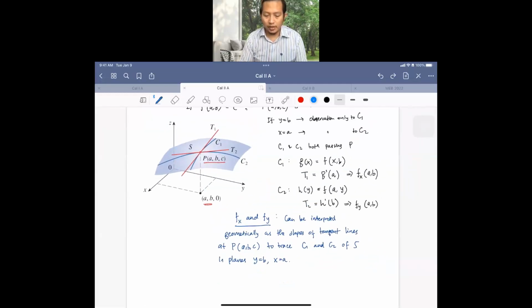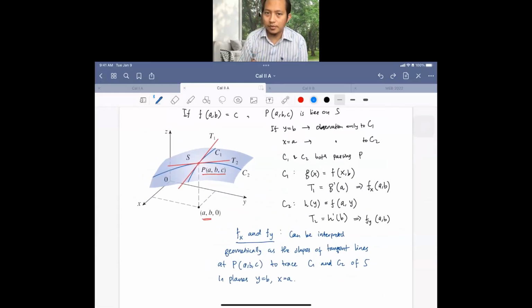So if you're asked to find a slope for a function of two variables, you'll have at least the partial x and partial y, because it is a function of two variables.